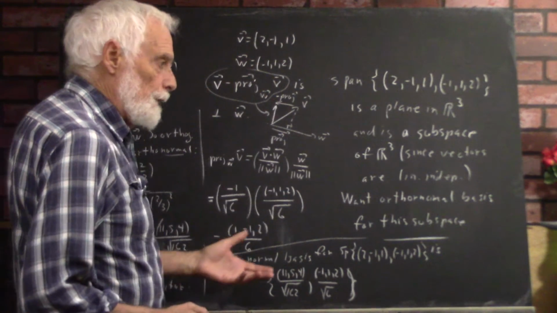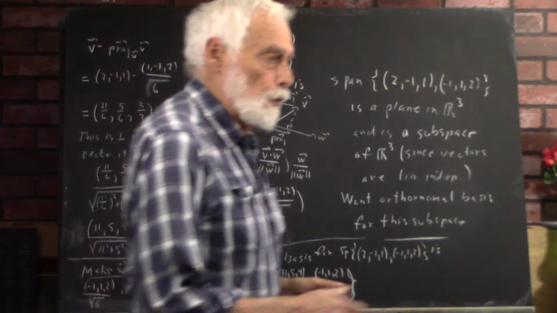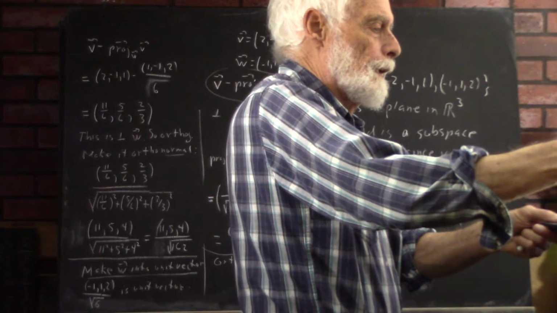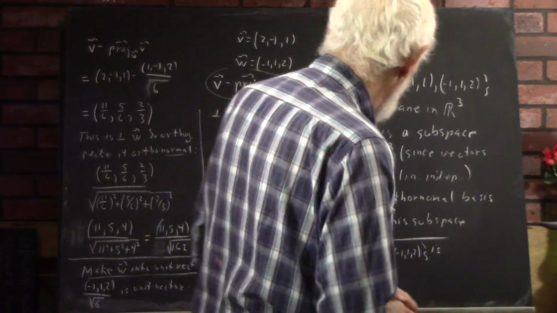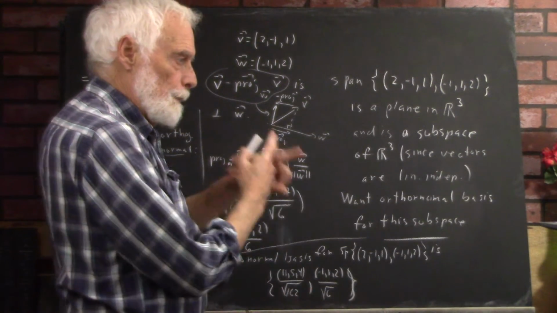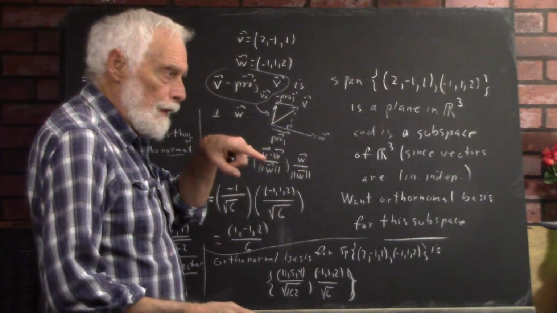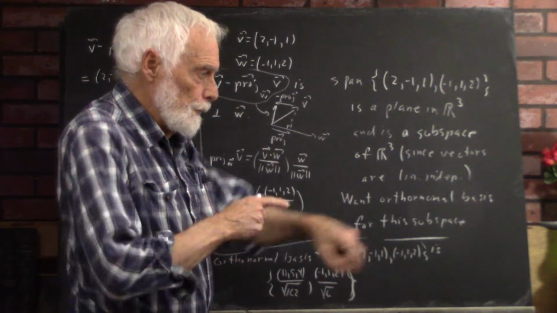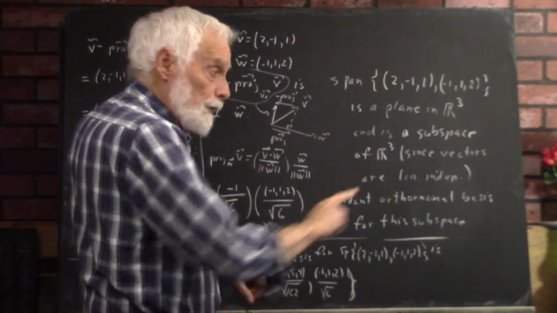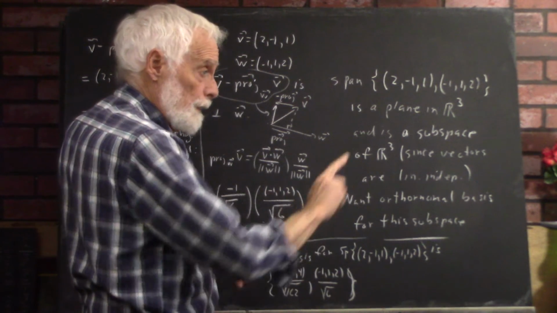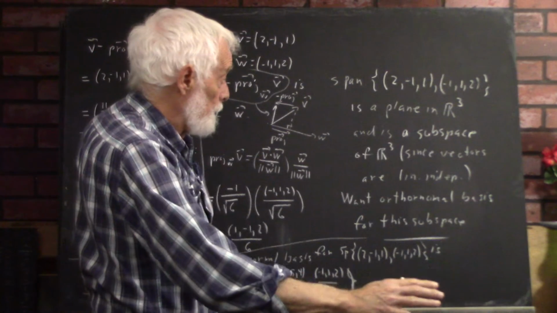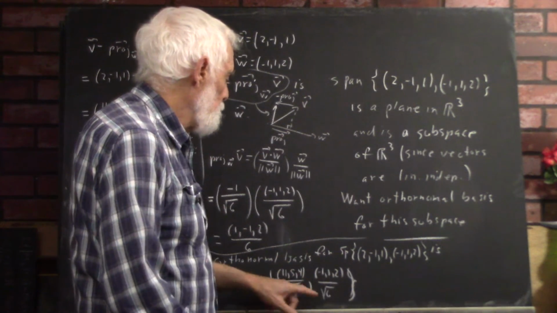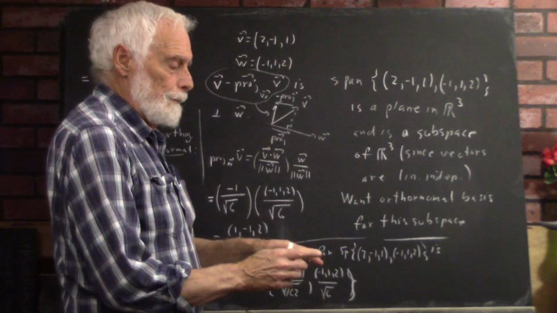An orthonormal basis is a much easier basis to work with because the vectors are unit vectors and they're perpendicular to each other. So if we have the plane here, which has a vector going this way and a vector going this way, so your plane is like so. If you take these two vectors, they're unit vectors.